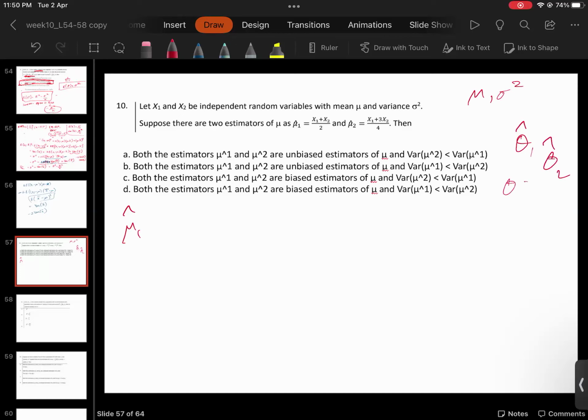In this case, theta is mu. So mu1 hat is equal to (x1 plus x2) by 2, and mu2 hat is equal to (x1 plus 3x2) by 4. You want to see if mu1 hat, mu2 hat are estimators of mu.